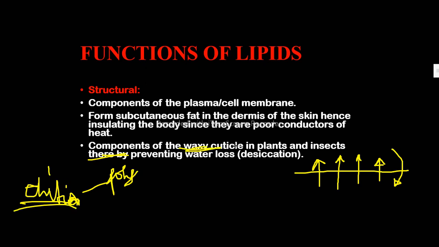This wax is a fat, a lipid, and it is impermeable to water. If it was just layers of chitin, it would freely allow water to penetrate through, just like cellulose.